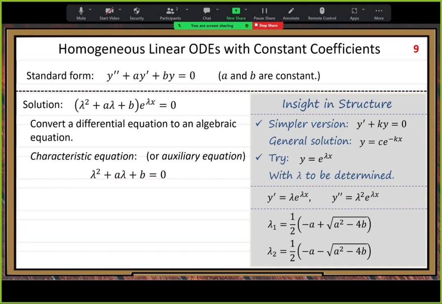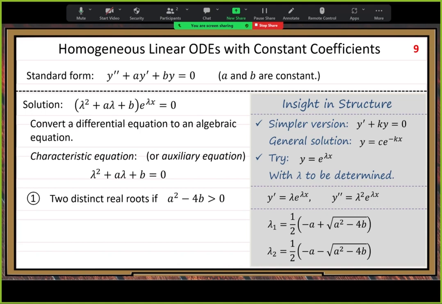All right, the first case, it's the simplest case. 2 distinct real roots for this quadratic equation if the part inside the square root, a squared minus 4b, is positive. 2 different real roots. So that's the simplest case.